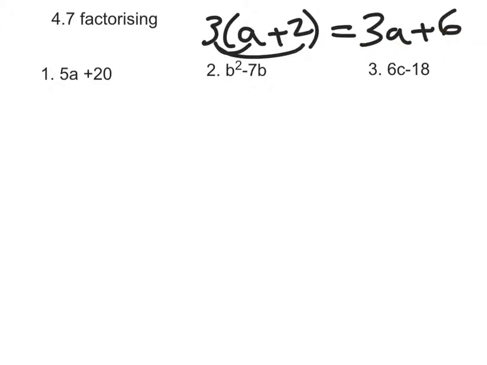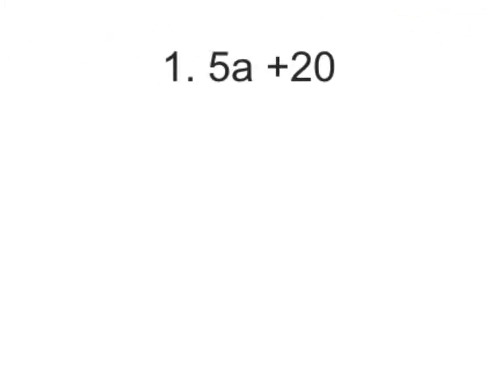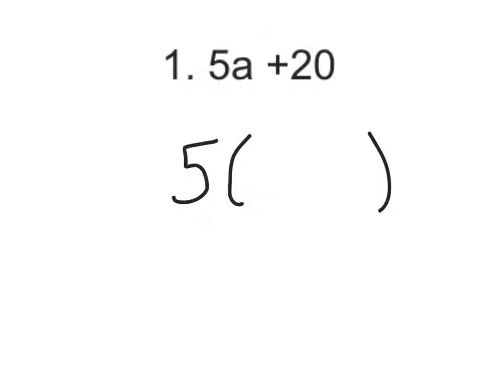So let's have a look at some examples. If I want to factorise this, I want to see what factors these two expressions have in common. Well, they're both in the 5 times table, so I'll write the number 5. I'm going to open my bracket because I'm going to put something in brackets.